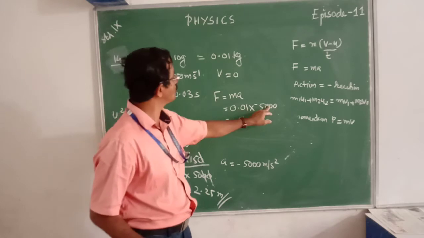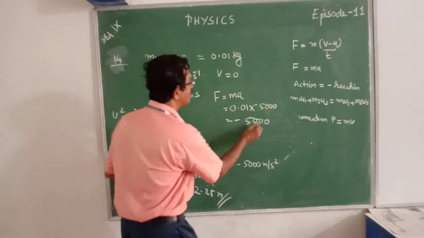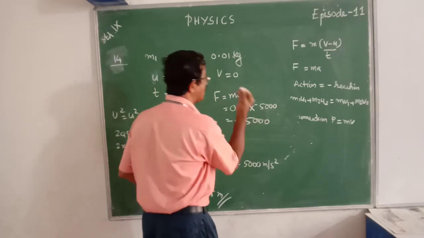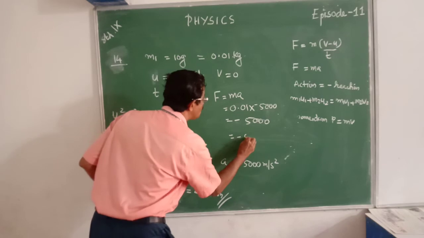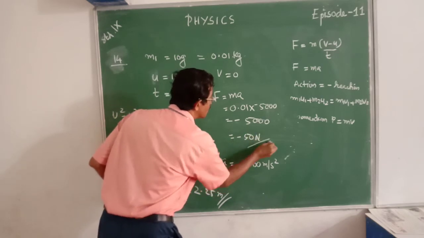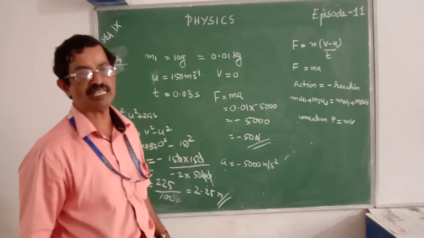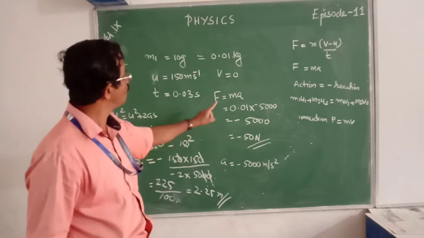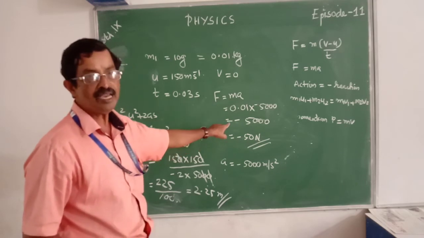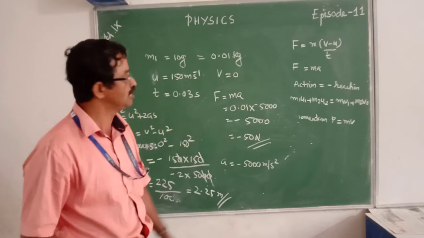That is equal to minus 50 Newton. This is the force exerted by the wooden block on the bullet.